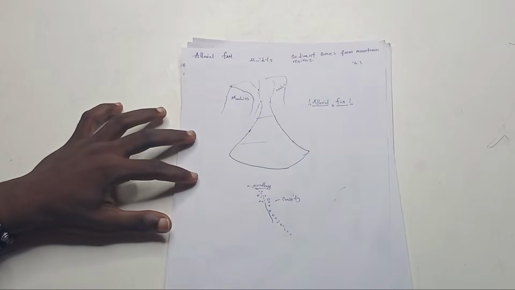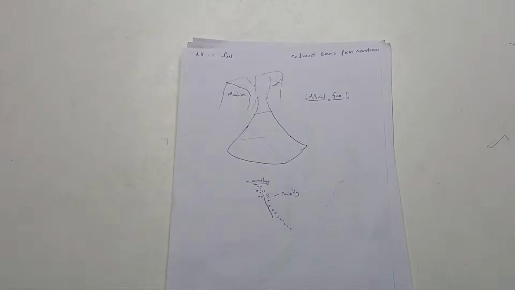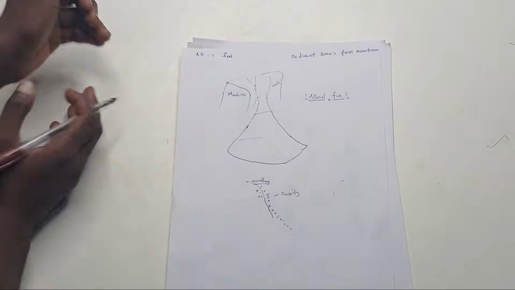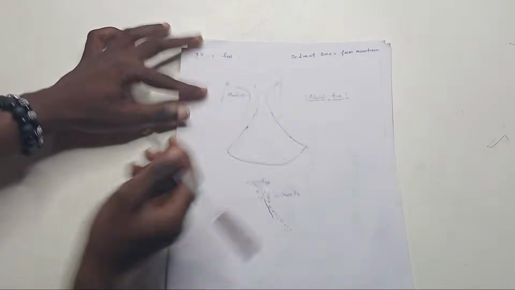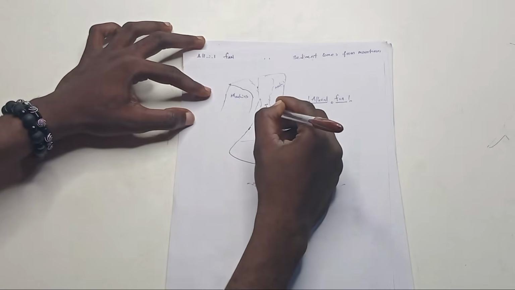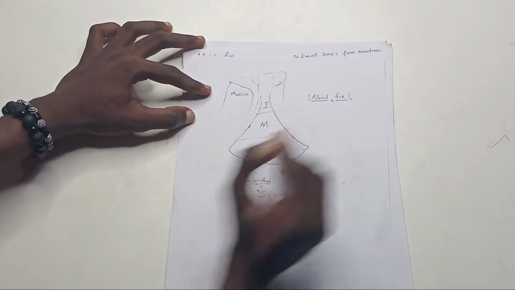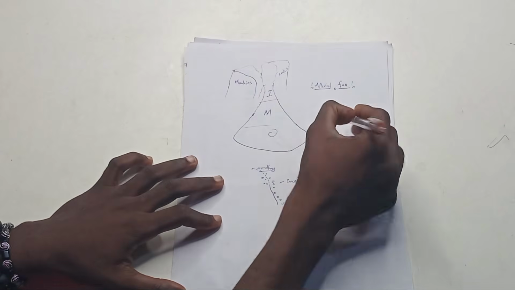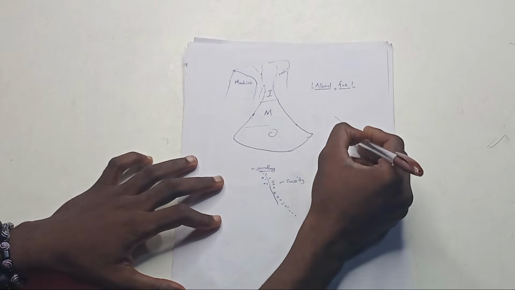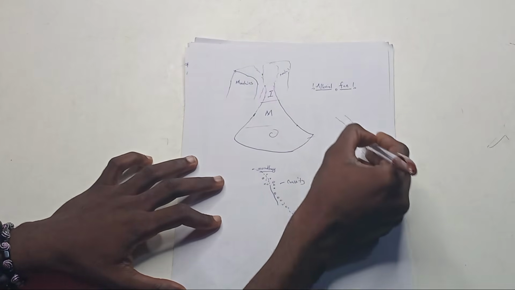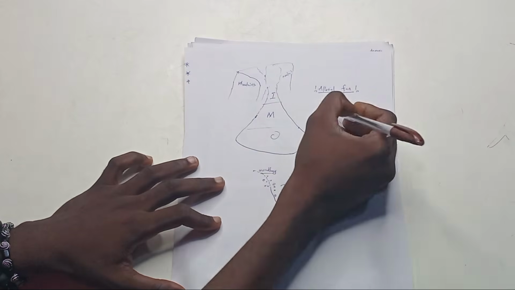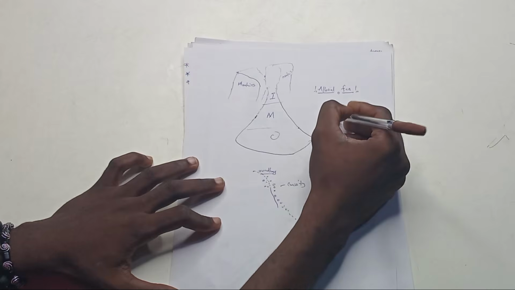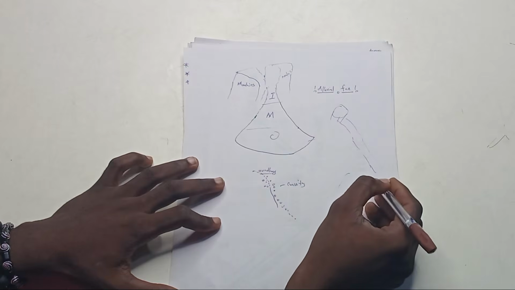Now, when we talk about the alluvial fan, I want you to journey with me. If I take you to where the alluvial fan is, at this inner fan, what will you see? How fine or how coarse the sediment is depends on the journey from its source.